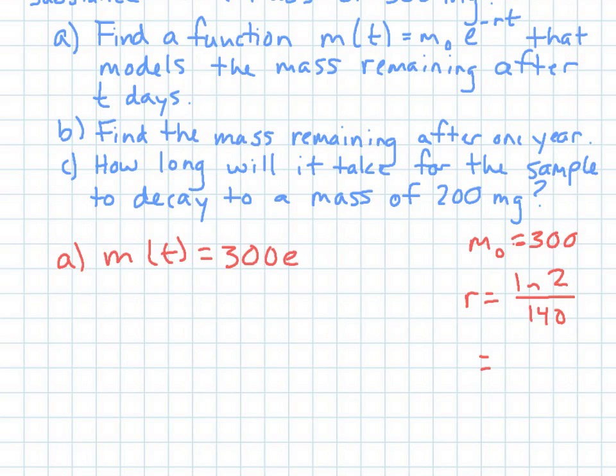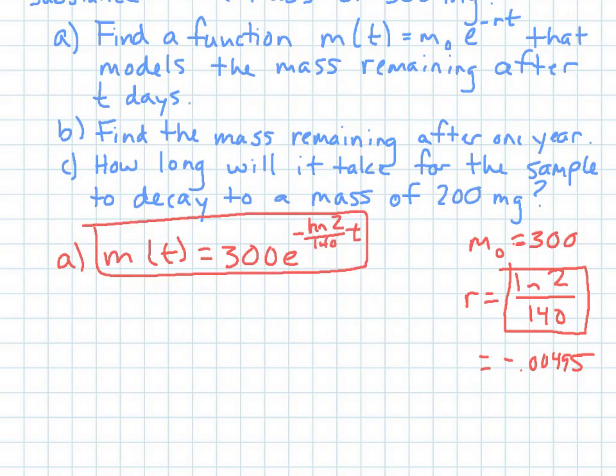You can use this rounded value, which is perfectly fine, though it's not as exact because I'm rounding a decimal. Or I can just plug this in for my r and say negative ln of 2 over 140 times t. Either one's fine, but I would prefer that one because you get the most exact answers from it.